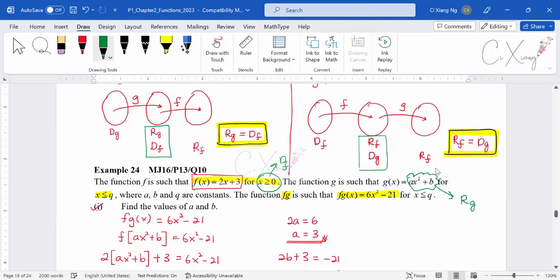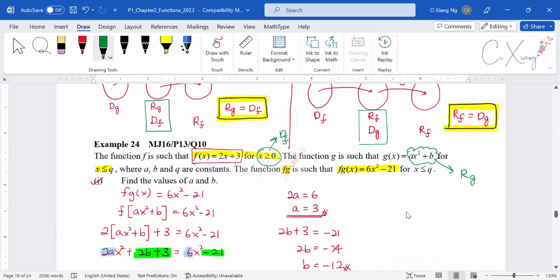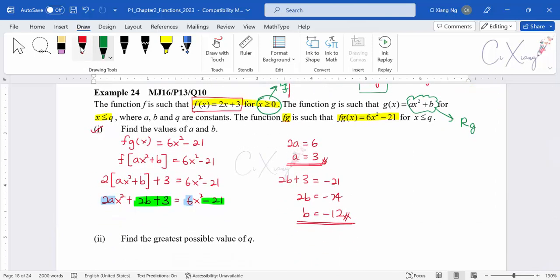If I want to let the range of G equal the domain of F, then it will look something like this. The range of G is ax squared plus b, right? Just now I found the value of a, which is 3, and b, which is negative 12.